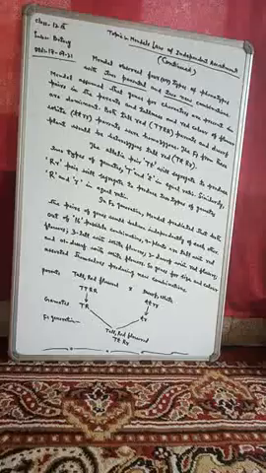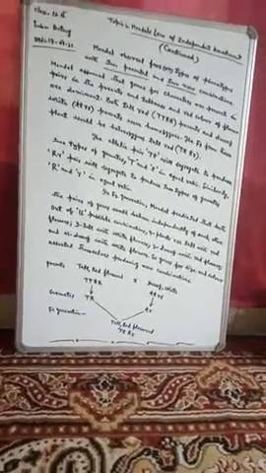The tall red is denoted by capital T, capital R, and the dwarf white by small t, small r. The F1 from these plants would be heterozygous. In the F1 generation, we will find plants of heterozygous nature, heterozygous tall red, denoted by capital T small t, capital R small r. This is the condition of heterozygous tall red.